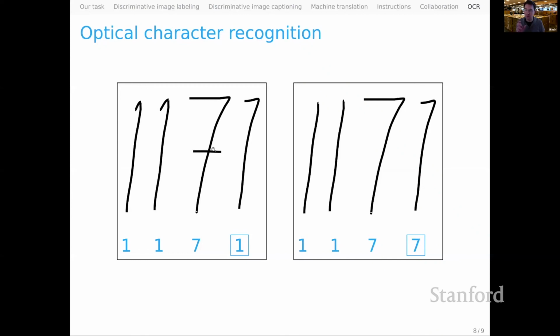And those 2 pieces of information would help us disambiguate the final digit and infer that it was a 1. On the right here, we're pushed in a very different direction. This is a speaker who does not put hooks on the top of their ones or slashes through their sevens. And that would lead us to think that this final digit here is a 7. Notice that in terms of what's actually on the page, these 2 digits are identical, but the context is what's leading us in very different directions.